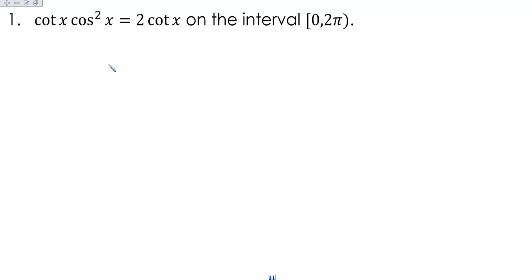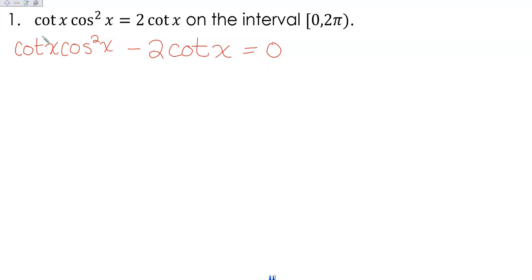And to do that, I want this to be set equal to 0. So what we're going to have here is the cotangent of x times cosine squared of x. And I'm going to subtract 2 times the cotangent of x from both sides so that I can see that this is equal to 0.